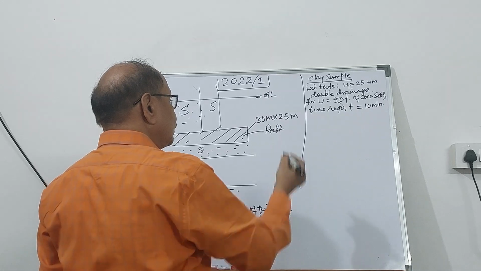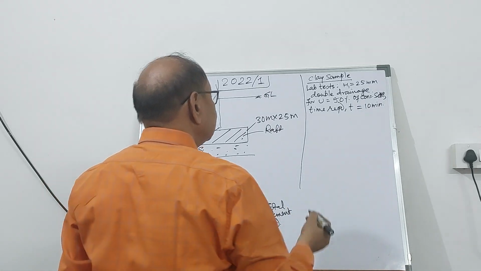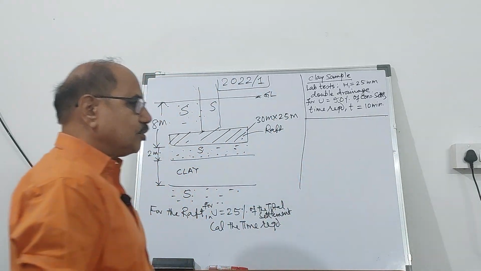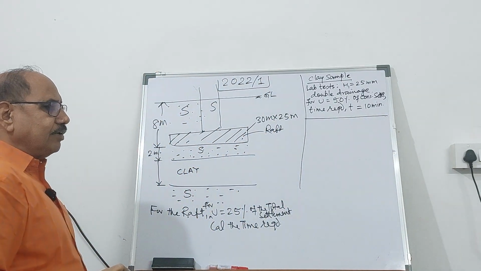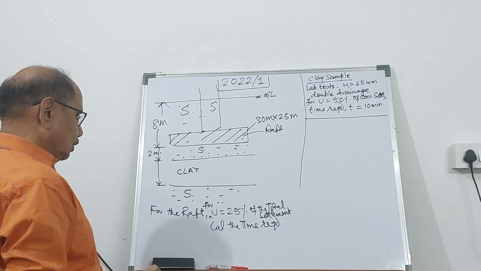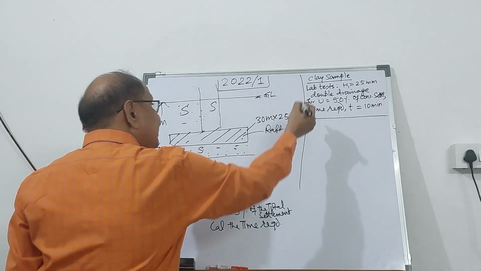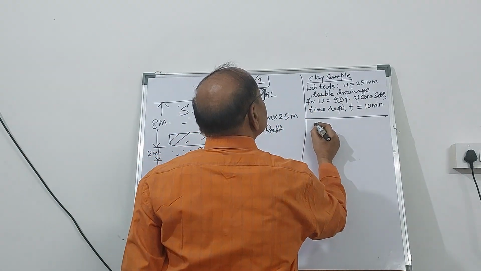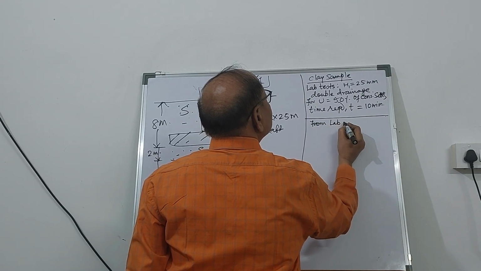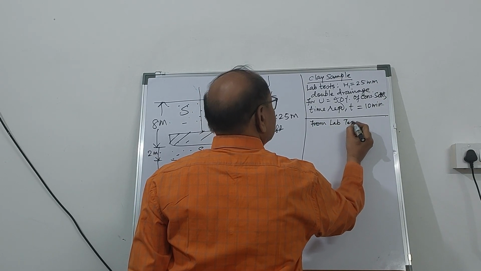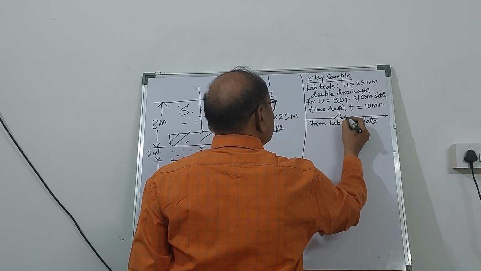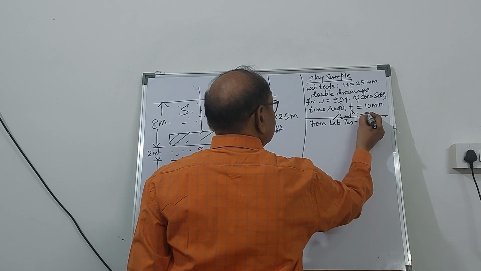So for u equal to 50%, you have this much of data available with you. So from this data, from the given information, from lab test data, we can go for the solution of this problem.